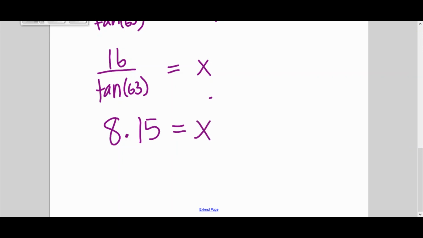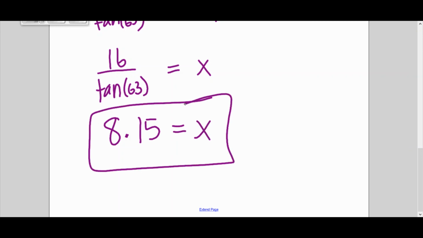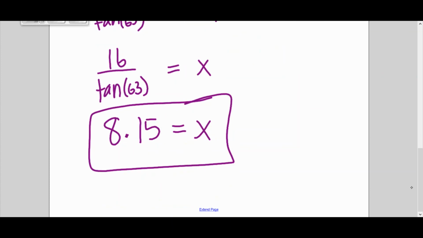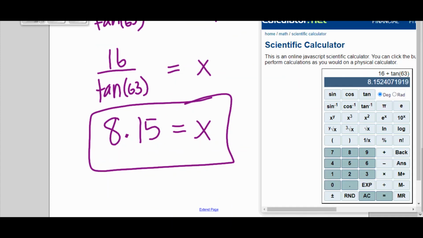So that is the length of my adjacent side, is 8.15. And then I just want to show you that I've been telling you that these trig functions represent a number. Like I told you that tangent of 63 is a number. So I just want to show you that it is a number in the calculator here. So if I type tangent of 63, I get 1.96.